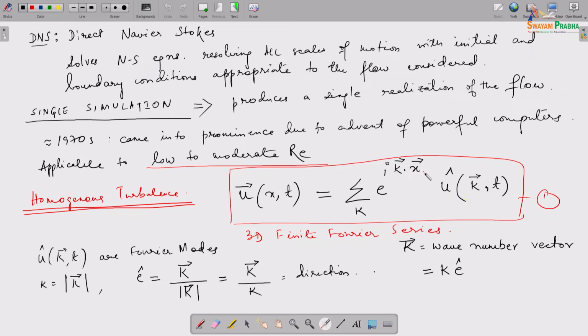So this is a discrete method. This is essentially integrating the function over this domain.